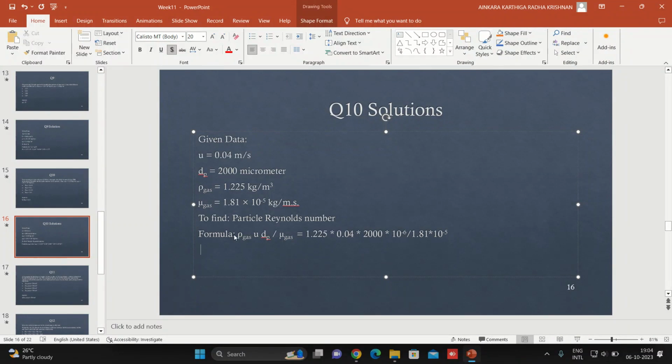So what would this be? 1.225 into 0.04 into 2000 divided by 1.81.